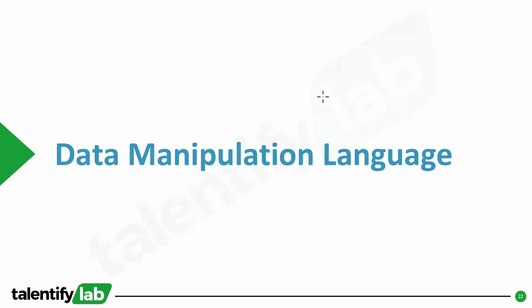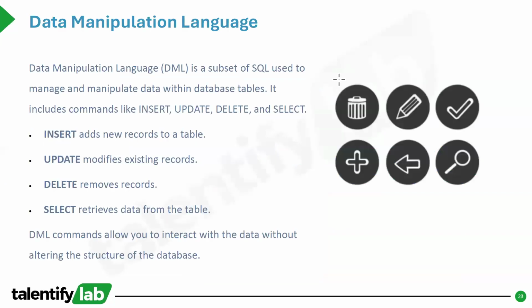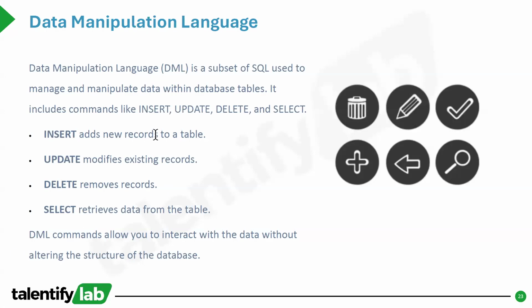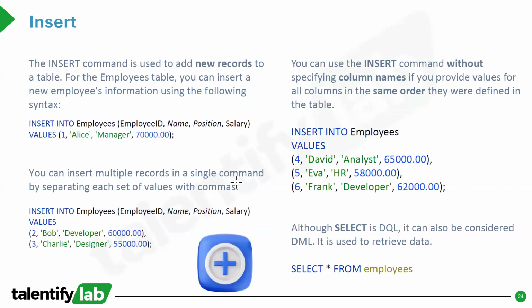Data manipulation. Dear friends, in data manipulation, as I told you before, if we touch the data itself, for example I want to add a new user or change it, it will be data manipulation language. Add a new row, update it, delete it, or read it, they are all data manipulation.